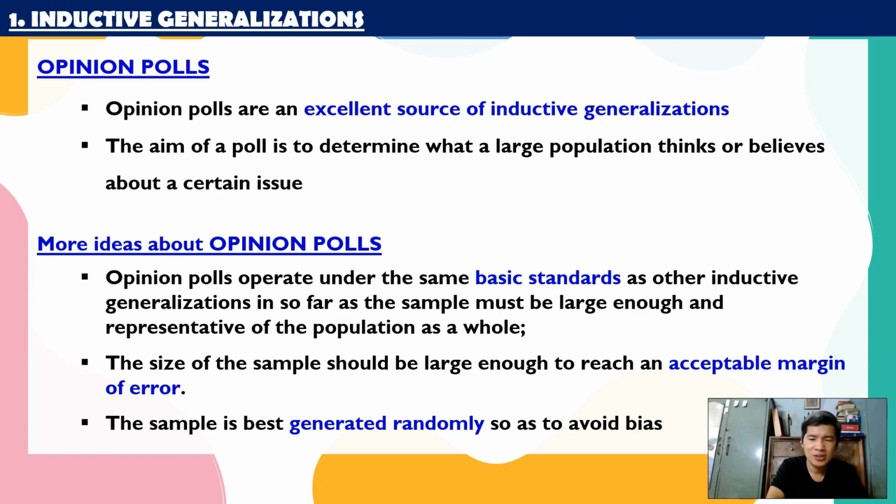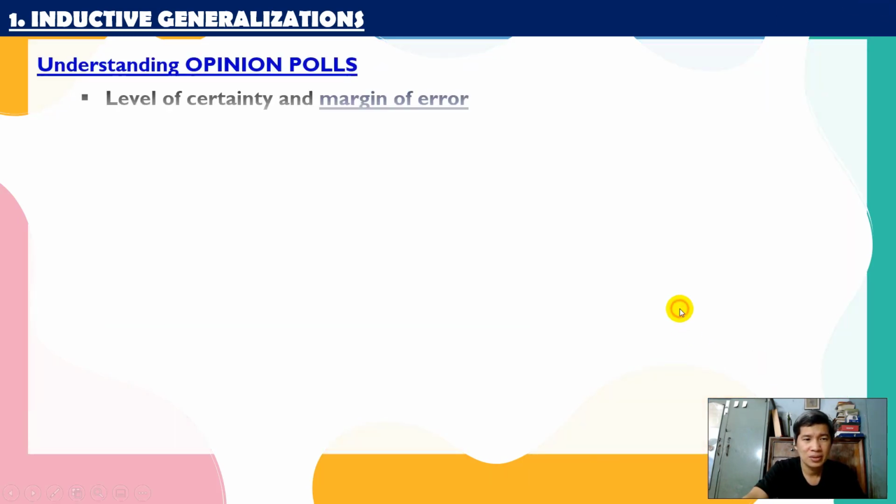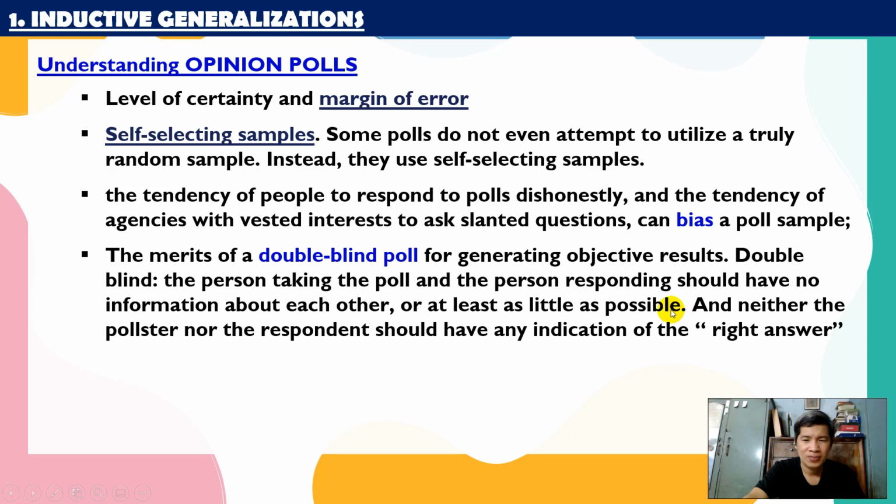So talking about opinion polls, we need to talk about the basic standards, and we also talk about the accepted margin as well. Let's talk about the words margin of error. What does it mean, margin of error? The word margin, right?